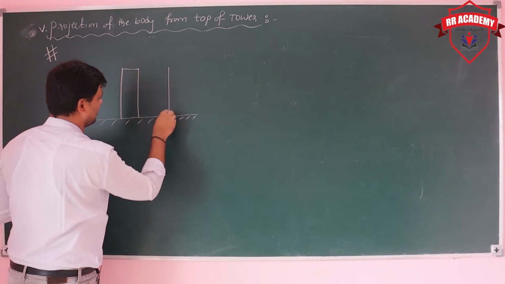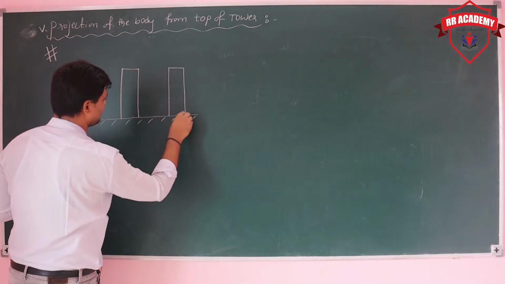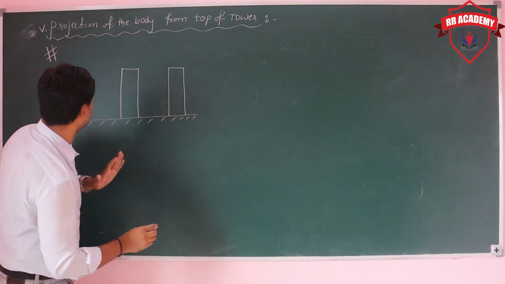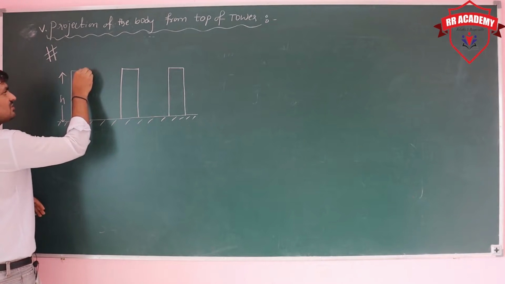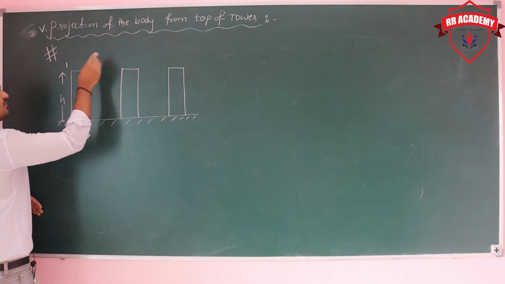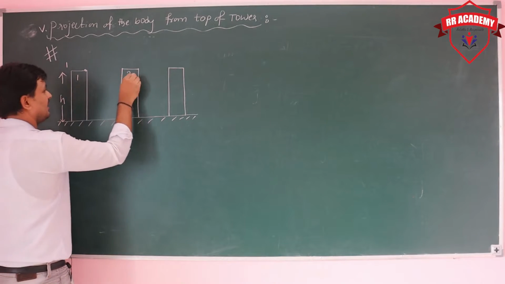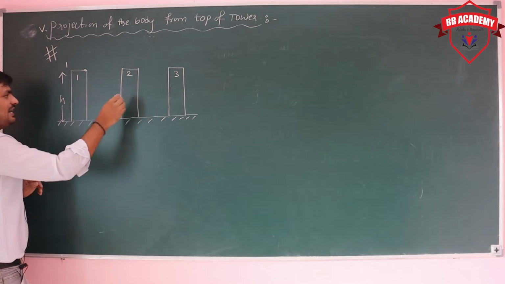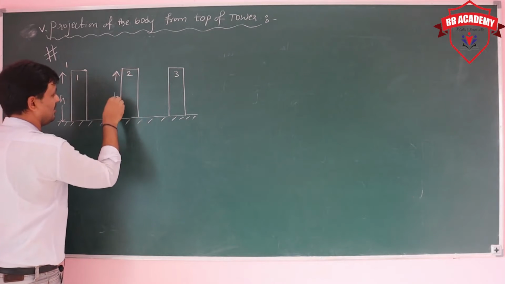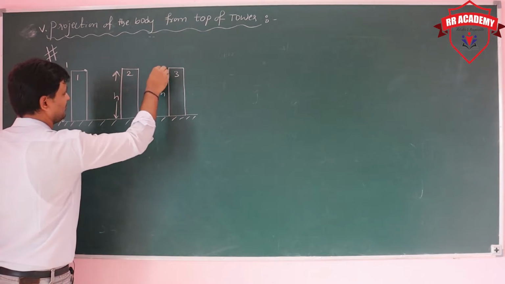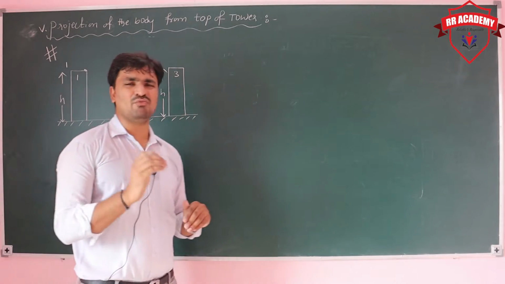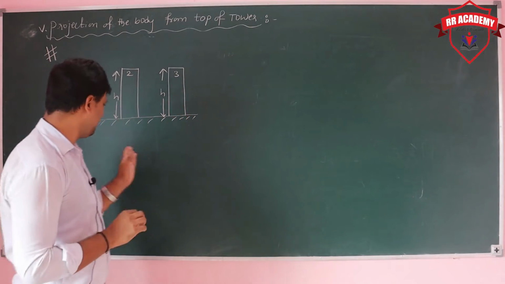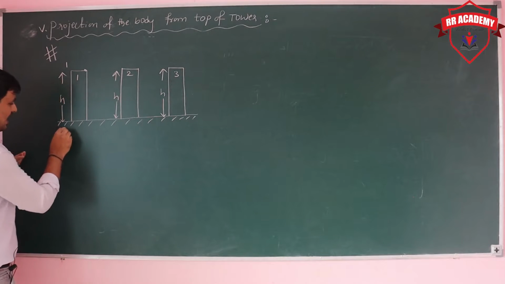No doubt in that. 3 towers of the same height h meters, right? Now the first tower, second tower and third tower, each of height h meters. From the first tower I am projecting the body vertically upwards.